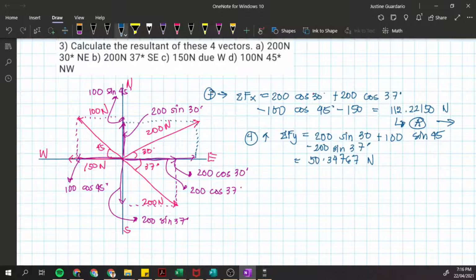Kung ang nakuha kong sagot dito sa summation ng forces of y ko ay positive, therefore, itong vector na ito, papunta rin sa taas. Up or down lang yan kapag nag-add ako ng vector along y-axis ko. Okay? So, mahalagang mag-set tayo ng ating direction.